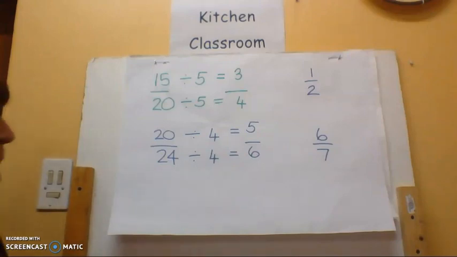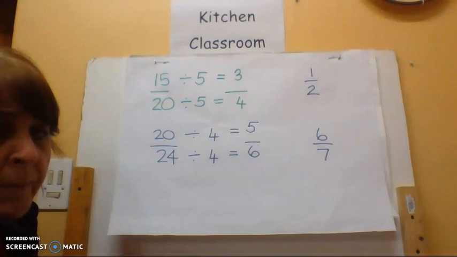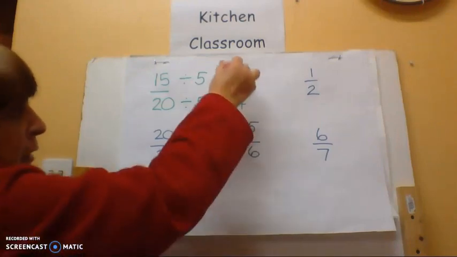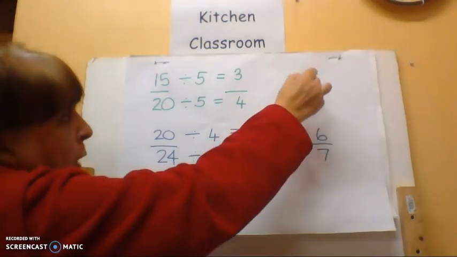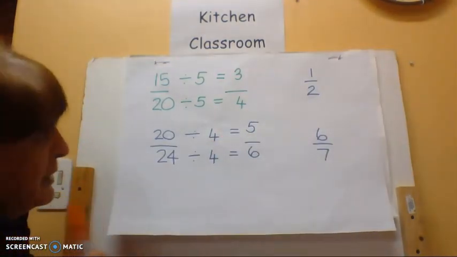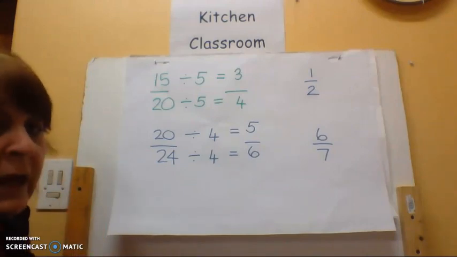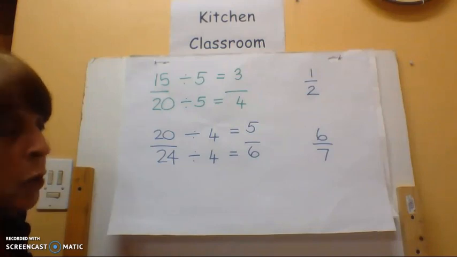When you see that the numerator and the denominator are only one number apart, like 3/4, 5/6, 6/7, 1/2, there is no number besides 1 that will divide equally into both the numerator and the denominator. So then you know that it is in its simplest form.